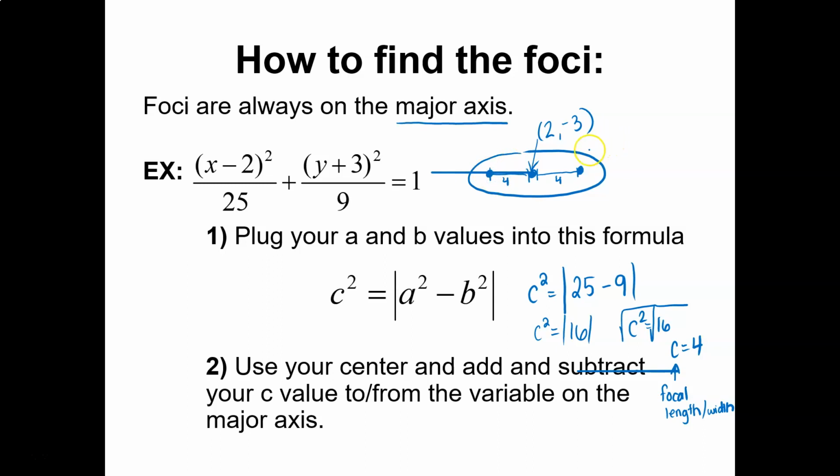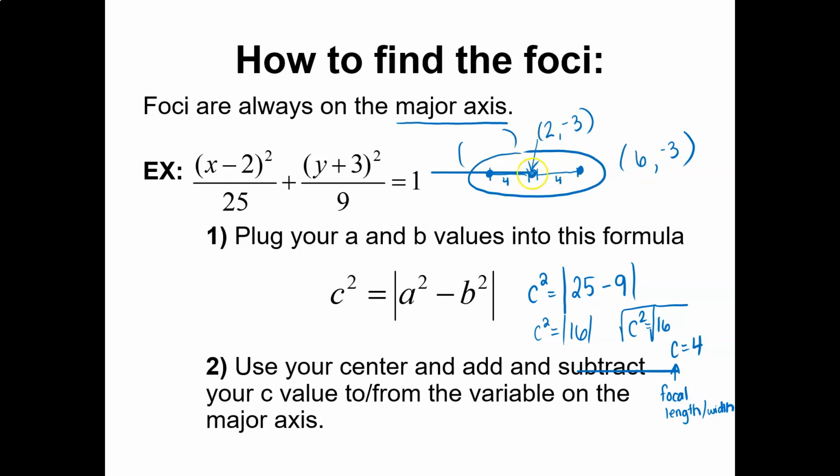So if I want to know the coordinates of these points right here, if I start over here at 2, -3, that's our center, and I move to the right 4, what are the coordinates of this point? 6, -3, right? Does not change my y coordinate because I'm just moving left or right. Just adds 4 to my x coordinate.